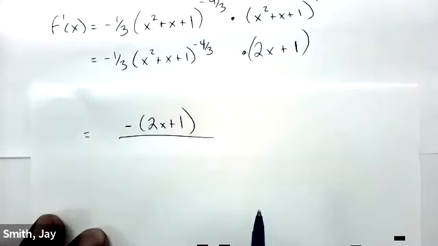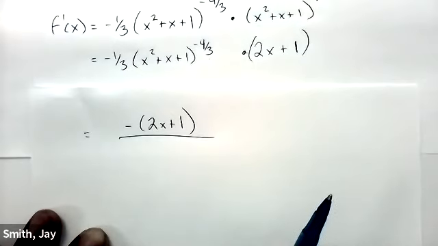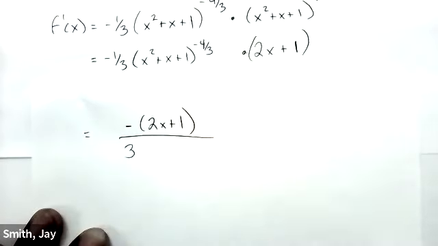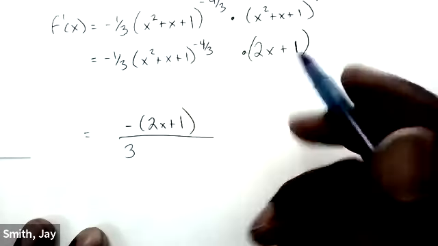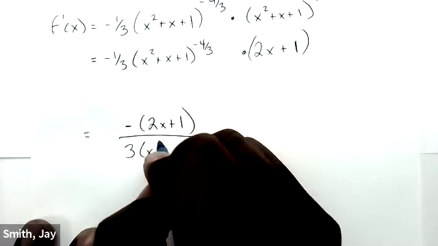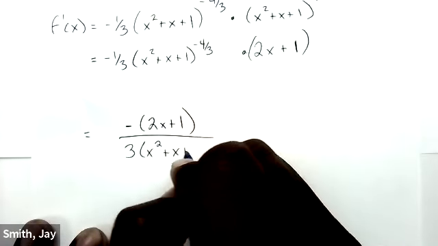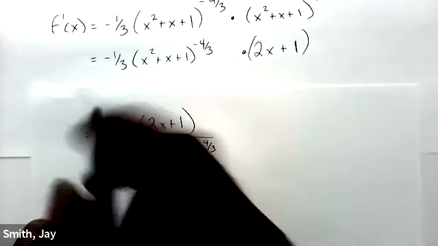The way that we're going to handle that negative exponent is to push it to the bottom of our fraction and make it positive. Now remember that 3 was already in the denominator from our factor of negative 1/3. This is being multiplied by x squared plus x plus 1 to the 4/3 power. And this is f prime of x.